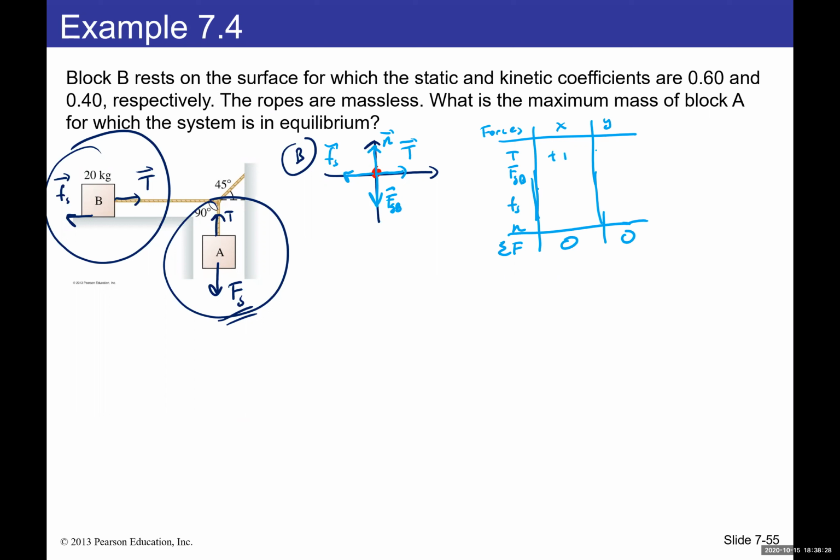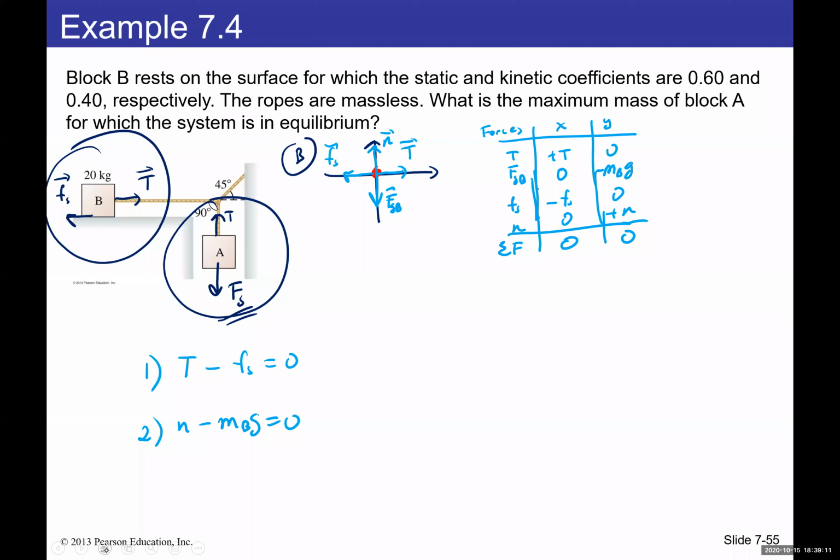So I have plus T, 0; then 0, negative MBG, since this is gravity; then negative static friction, 0; and then 0 plus N. That gives me equation 1, which is tension minus static friction equals 0. And equation 2: remember, gravity was negative, I forgot that, so the normal force minus MBG equals 0. So I get those 2 equations.